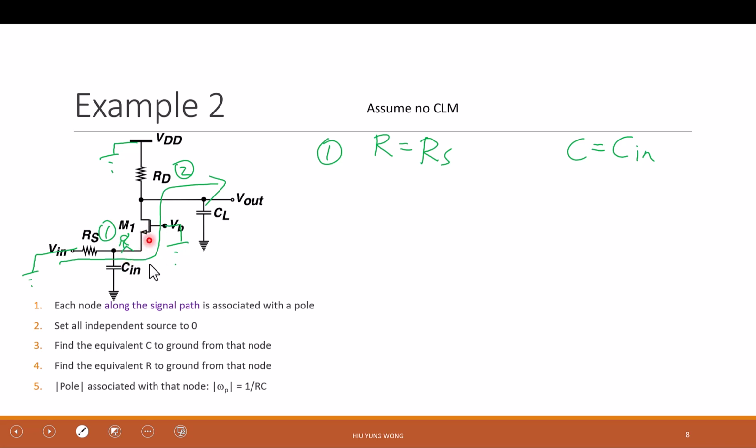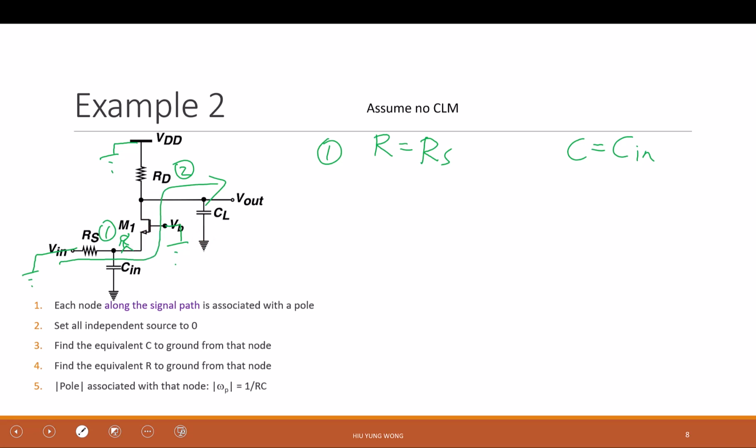Looking up here is 1 over Gm. In principle, you don't know that. You would try to solve the small signal model, apply a voltage source, measure the current, and V over I is the input impedance, right? But then you realize that looking up is just like looking into the input port of a common gate amplifier, and we already solved that using KCL, KVL.